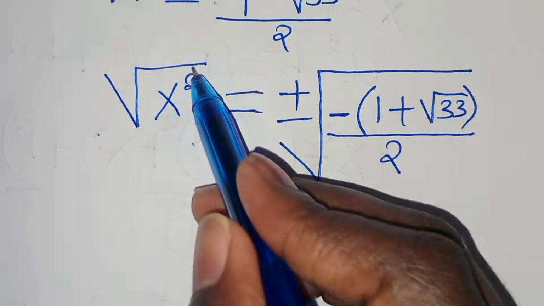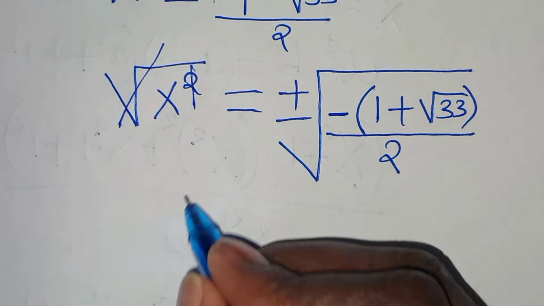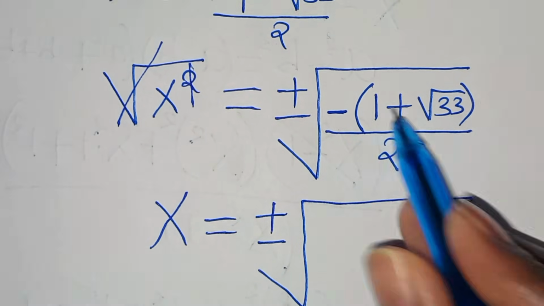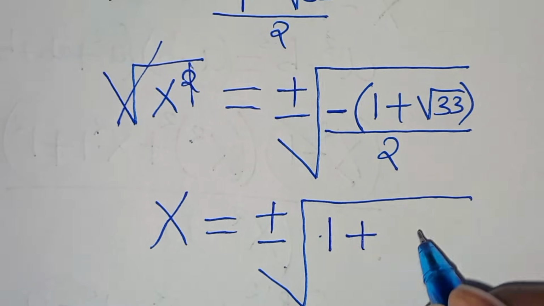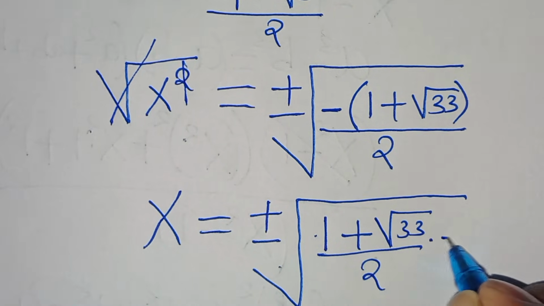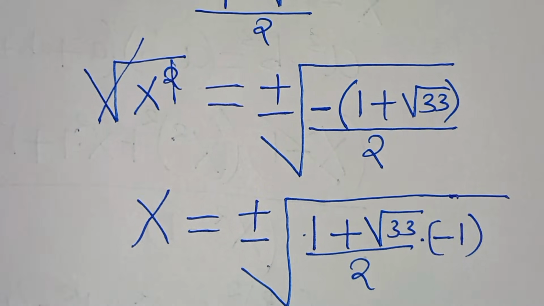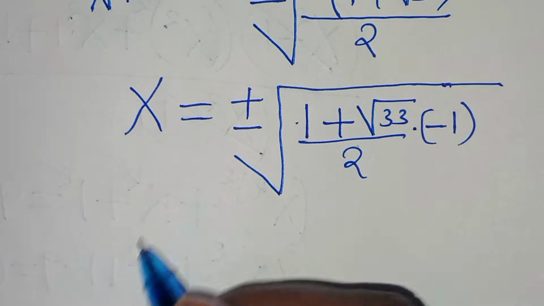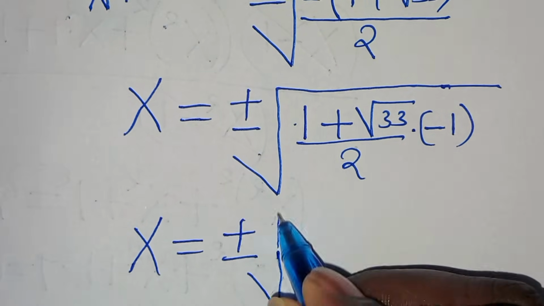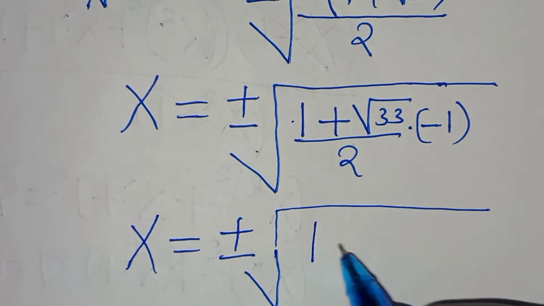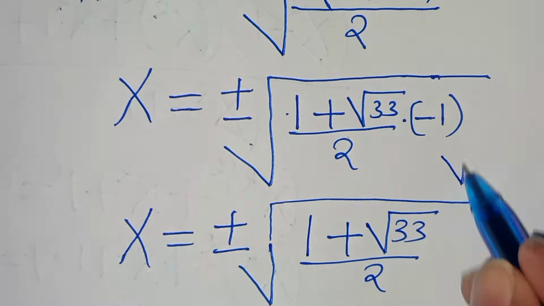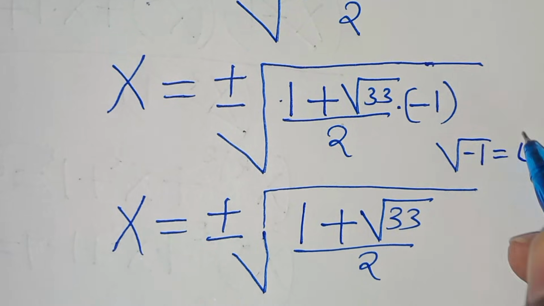Now we can eliminate the square root sign so that x is equal to plus or minus the square root of 1 plus the square root of 33 divided by 2, times minus 1. Now, the square root of minus 1 is the same thing as i.